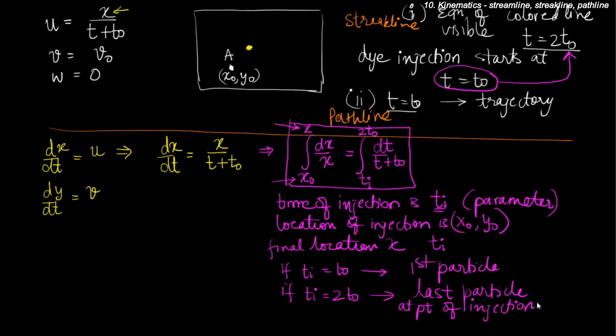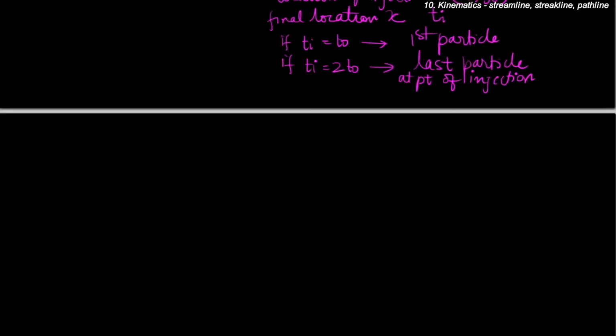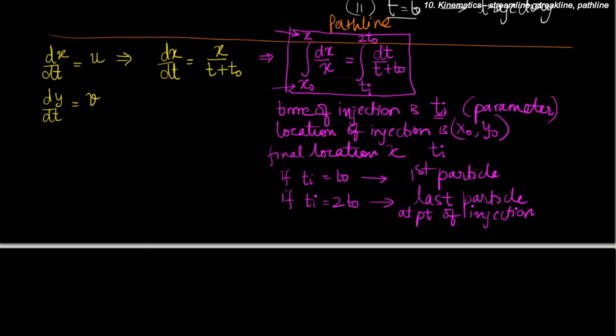With this understanding, we integrate this equation. It gives ln of x upon x naught is equal to ln of 3 t naught divided by ti plus t naught.